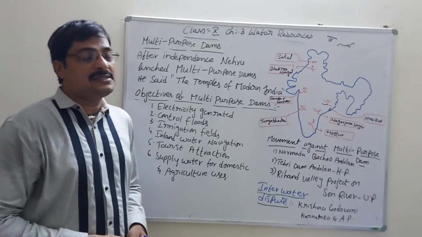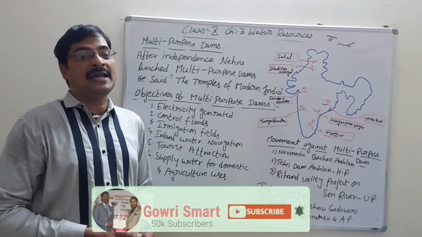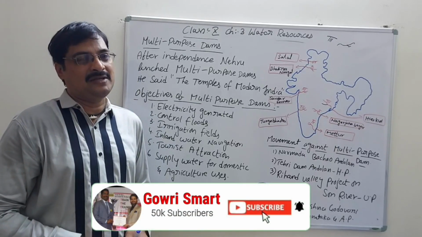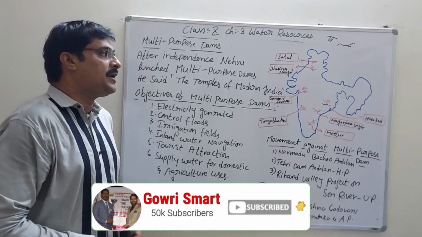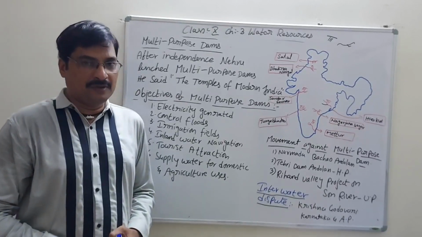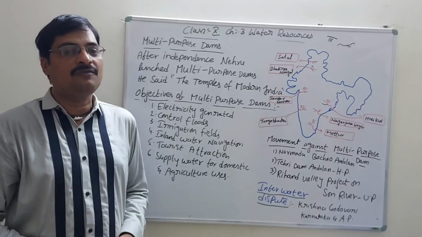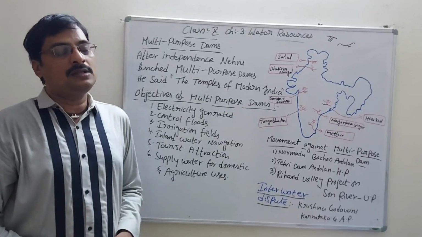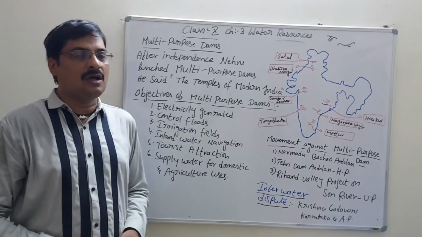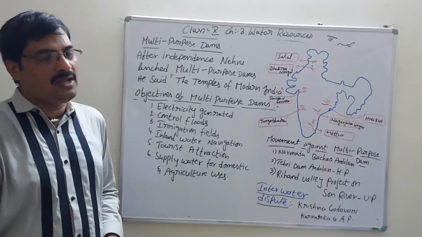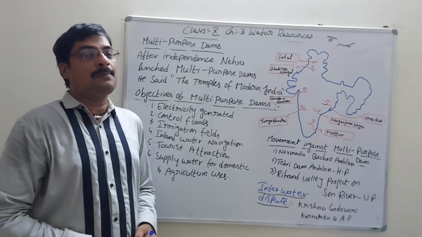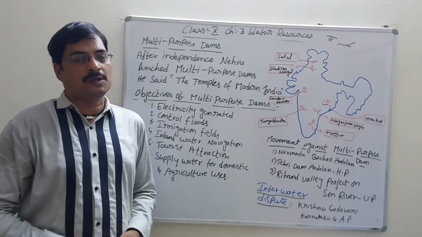Now, the largest big dam in our country is the Sardar Sarovar Dam on the Narmada river. It is located in Gujarat, and Madhya Pradesh and Maharashtra together also receive water from the Sardar Sarovar Dam.